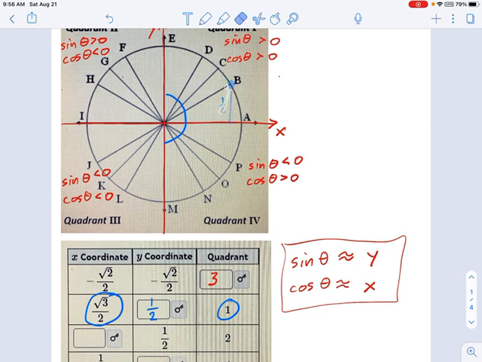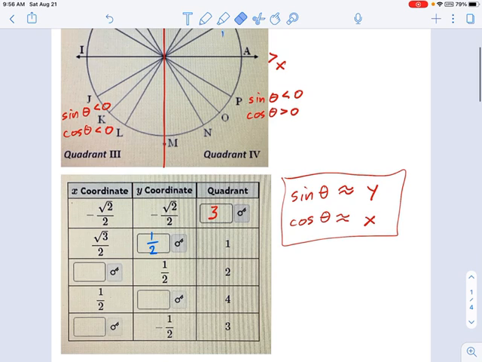All right, let's do another example. Let's do this last one. Negative 1/2. That's a negative value. So that means I must be somewhere in these bottom two quadrants, either 3 or 4. And the table tells us to use quadrant 3.